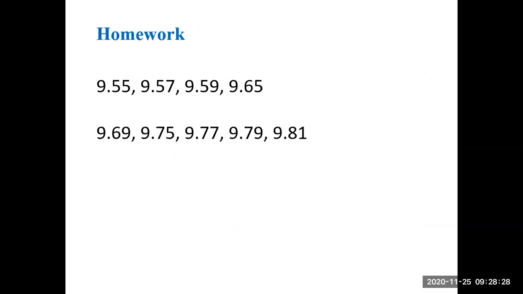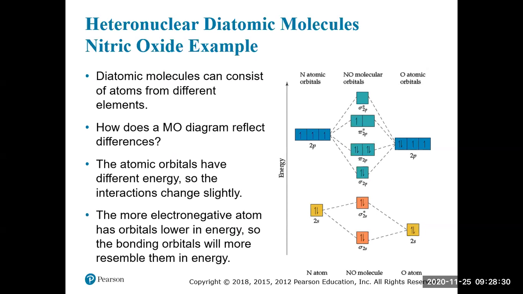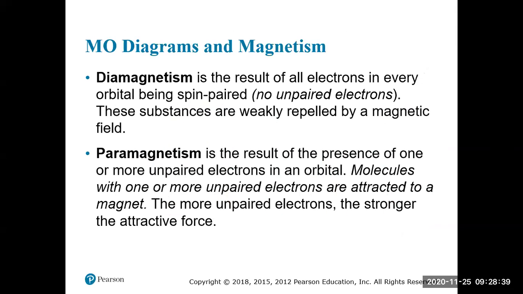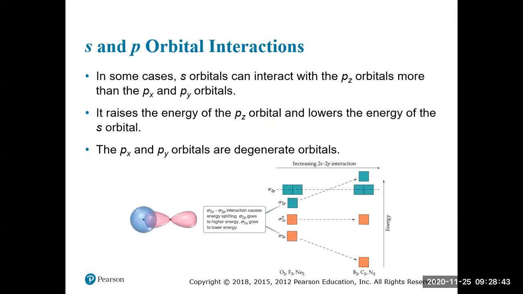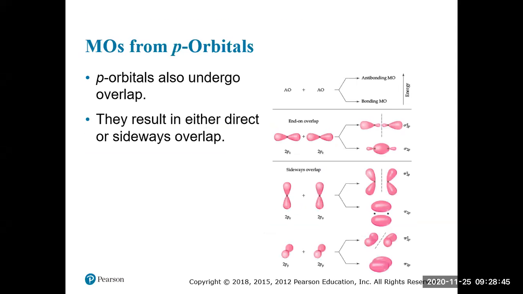So what I would like you to take away from this is trying to understand the difference between atomic orbitals and molecular orbitals, understanding the bit about magnetism, diamagnetism and paramagnetism, and then understanding some of this about bonding and antibonding, when you get the overlap, and the nodes that tell us there's no electron density there.